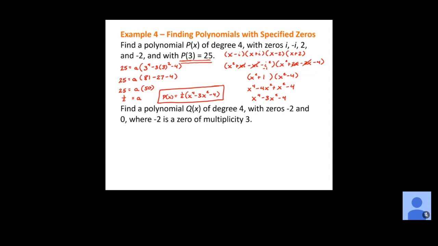Okay. Now, if they don't give us that, then we would have just stopped over here on the right-hand side once we got x to the fourth and all that other stuff. But because they gave us a point on that graph, we have to find the a value now. Does that make sense? Okay. Any other questions there?